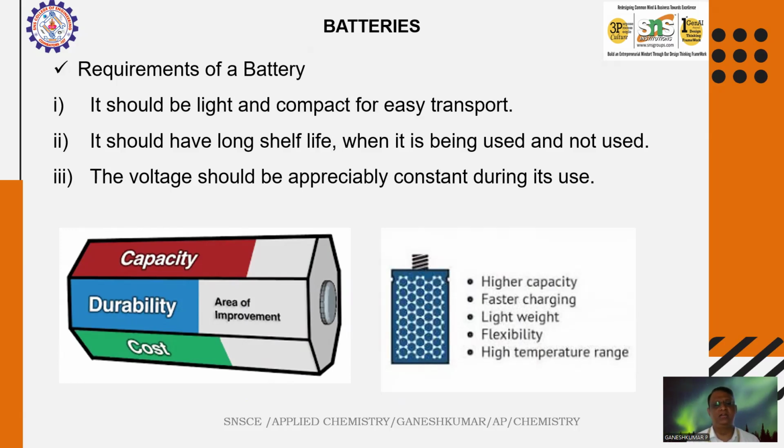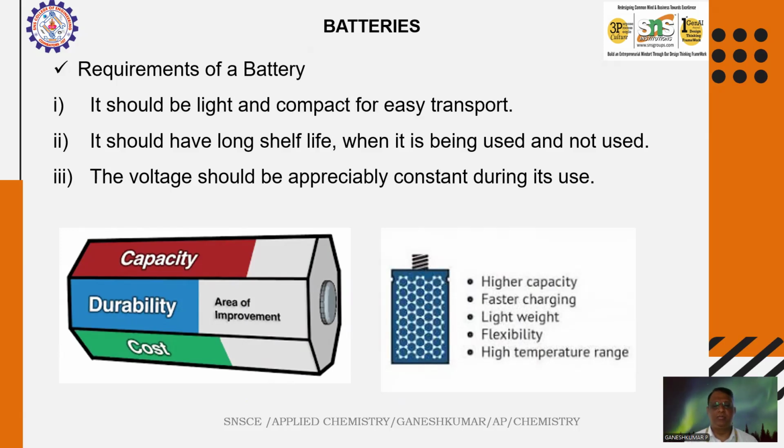If you're not using the battery for a few months, it should hold its charge. Otherwise, it won't be helpful for us. Also, the voltage should be appreciably constant during its usage. It should not fluctuate depending upon the climate or thermal coefficient, etc.